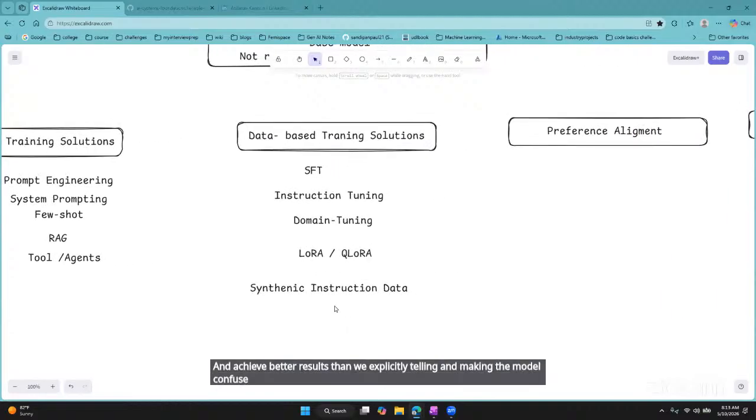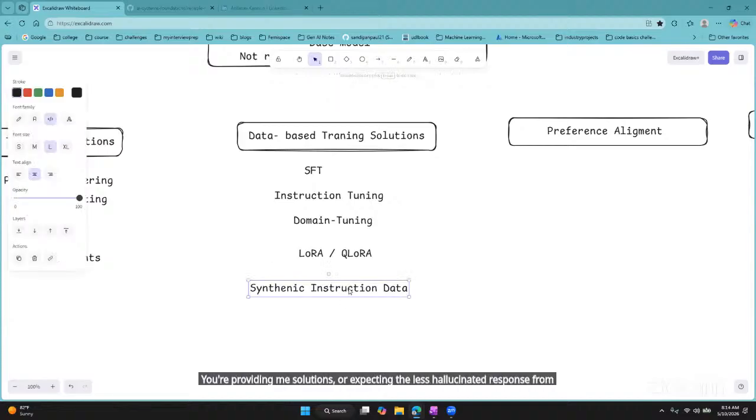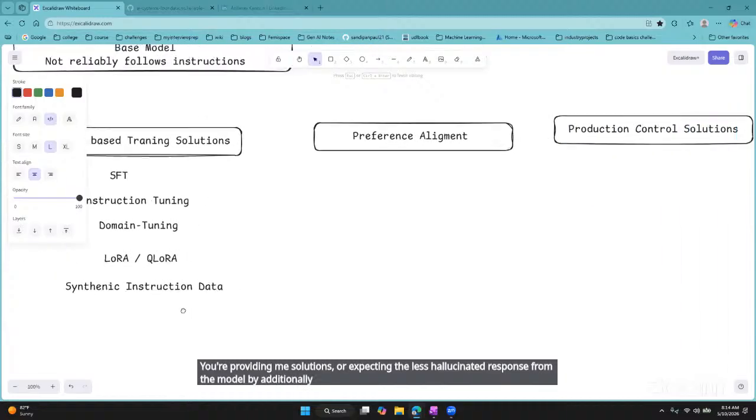So synthetic instruction data plays a very good role when you are expecting a less hallucinated response from the model by additionally providing all these instructions.